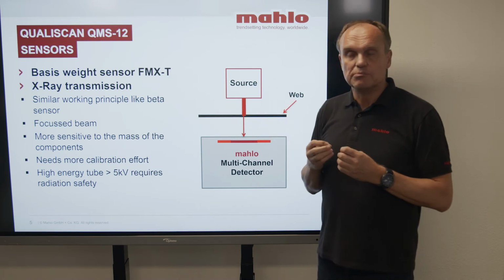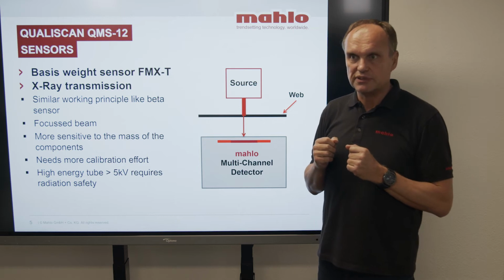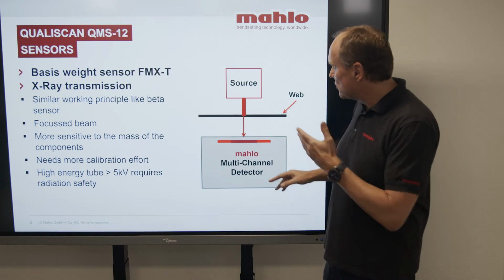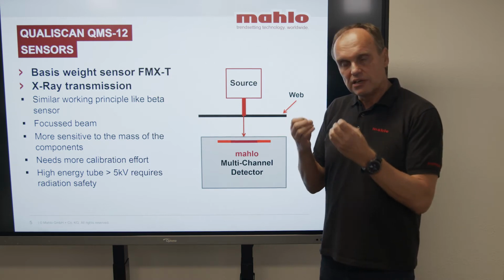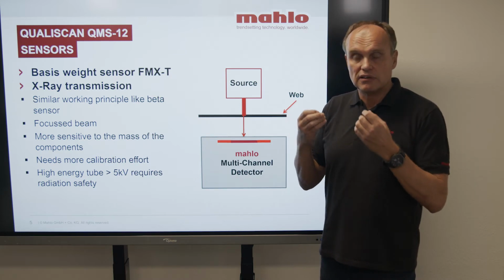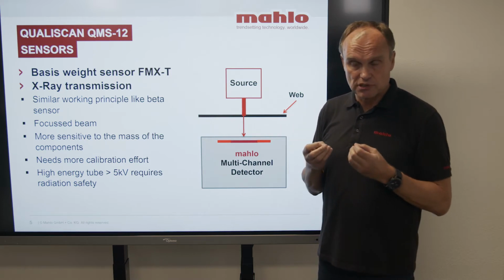On the other hand, the beta gauge is much less sensitive to this effect. So when we compare both, we can say the beta gauge provides a very stable and easy to use measurement for the operator.